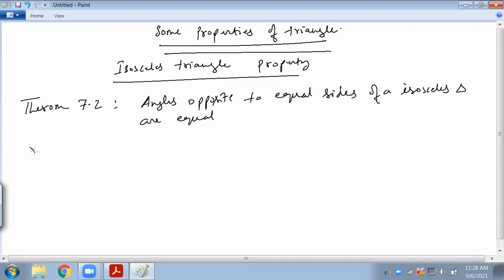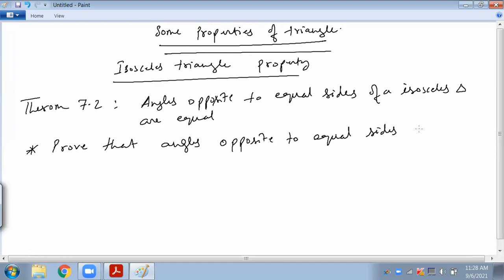If it comes in the exam, the question will be: prove that angles opposite to the equal sides of a triangle are equal.